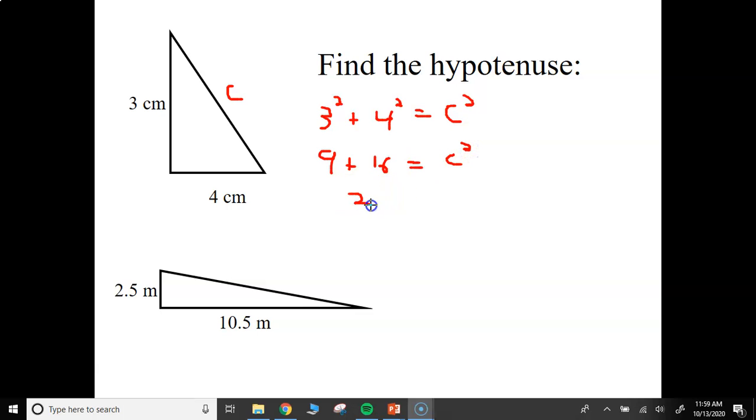And then we get 25 equals C squared. And lastly, we get 5 equals C, or C equals 5. So this is a 3, 4, 5 triangle. It's a special case where the numbers work out really easy, but the same process is used on the other triangles too. Just the numbers don't work out as clean.